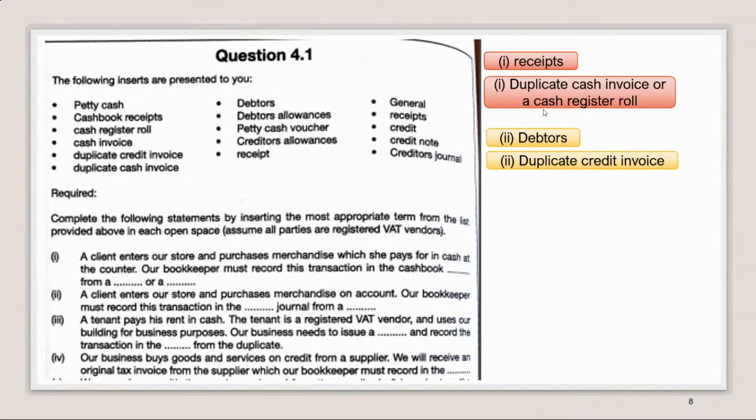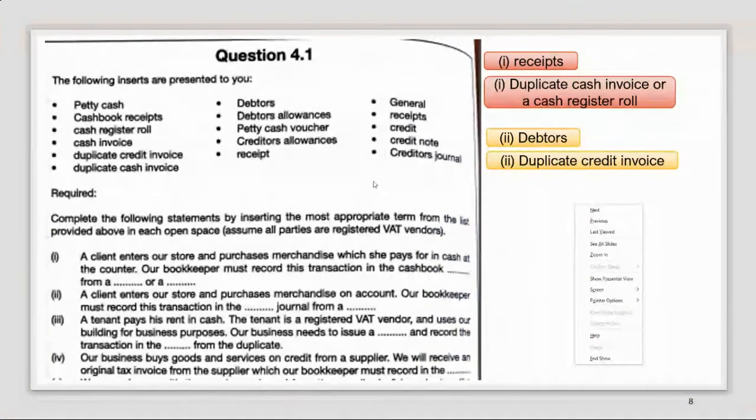Remember, if we buy it on account, it would be a credit invoice. If they pay us cash, it would be a cash invoice. So on account or on credit would be a credit invoice, and cash would be a cash invoice. That's correct, guys.